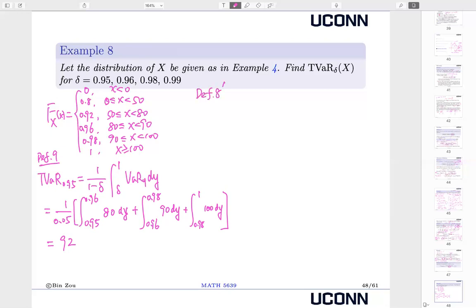Apply. Okay. So VaR 95 is 80. Okay, and x greater than 80 will be 4%.